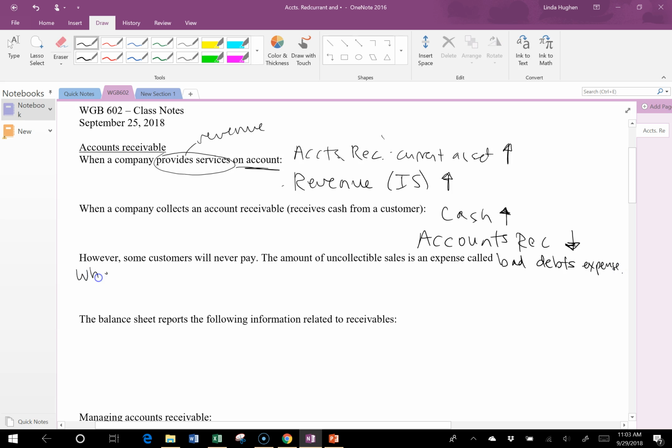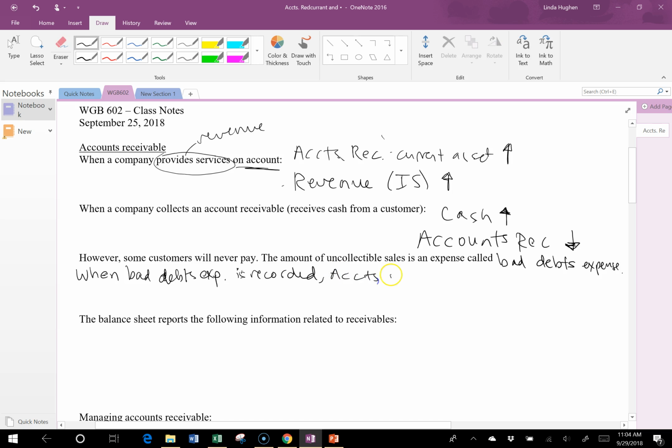Now, what do we need to know about this entry to record this uncollectible sales or bad debts expense? When bad debts expense is recorded, how does this impact the balance sheet and the income statement? Well, it's an expense, so obviously an expense decreases net income, but what else happens? What happens to the balance sheet?